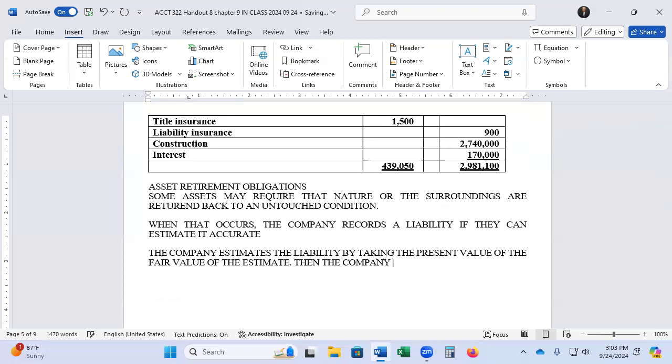Then the company accretes the difference using the effective interest rate method to increase the ARO over time.